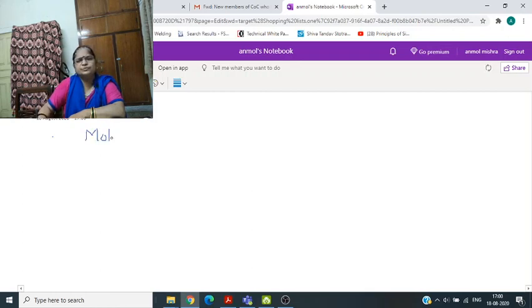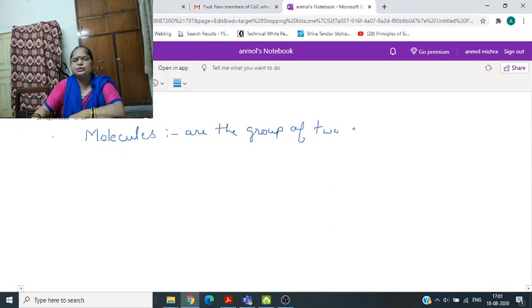Molecules are the group of two or more atoms, and these atoms are bounded by chemical bond.